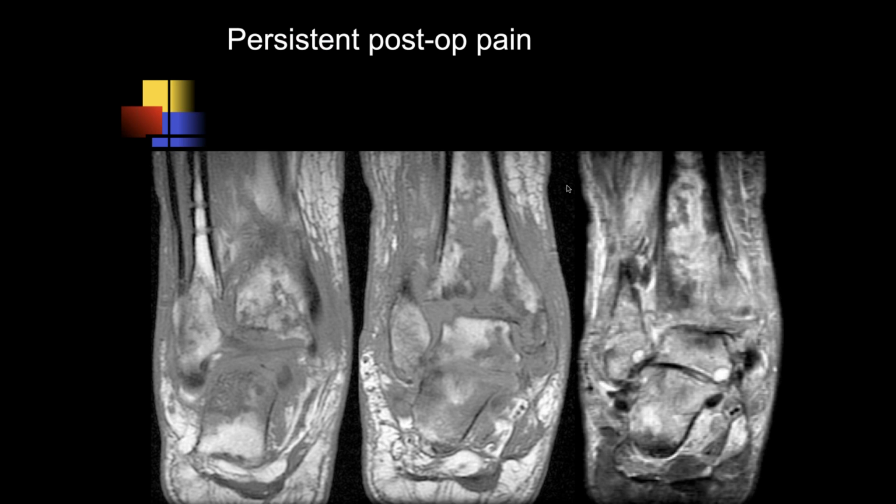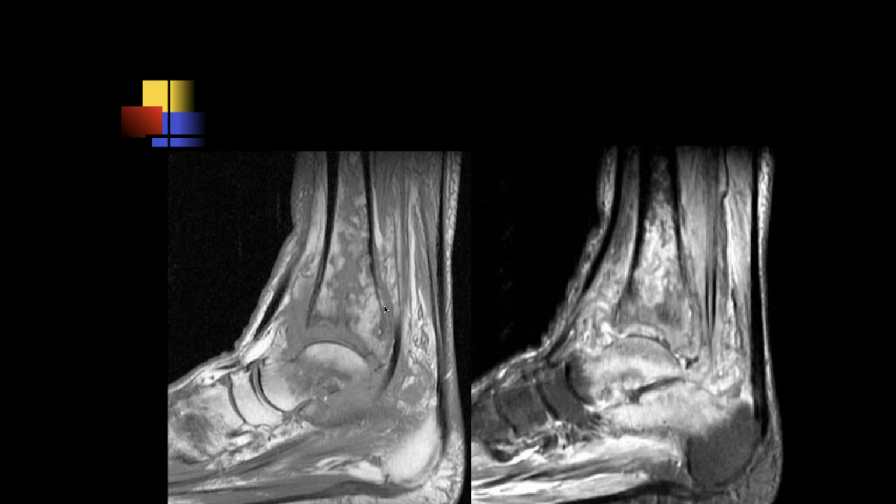Okay, Jennifer, normal or abnormal? Okay, so persistent postoperative pain. I do see some hardware tracks in the distal fibula, so they probably had a prior fracture in this region, and there's irregularity of that fibular diaphysis, and diffuse increased signal within the distal tibia, fibula, talus, and the superior calcaneus.